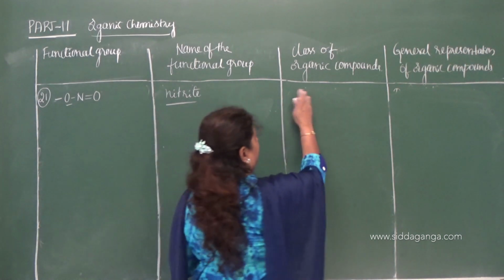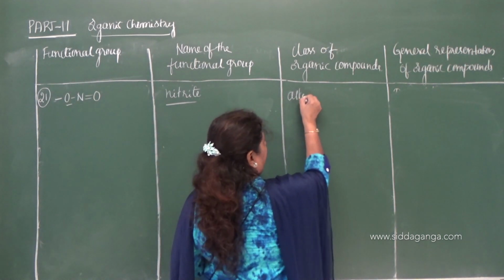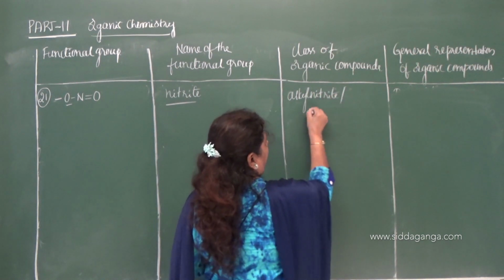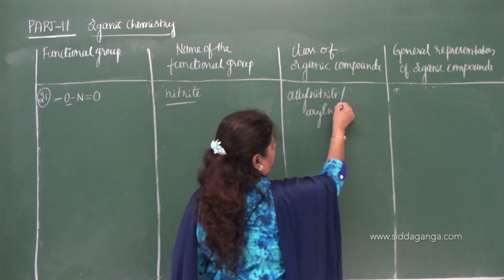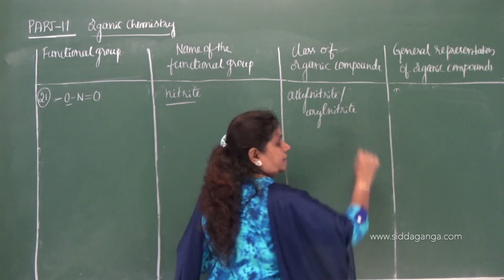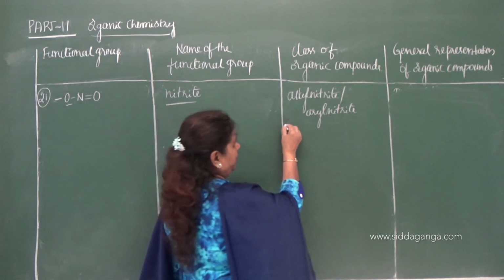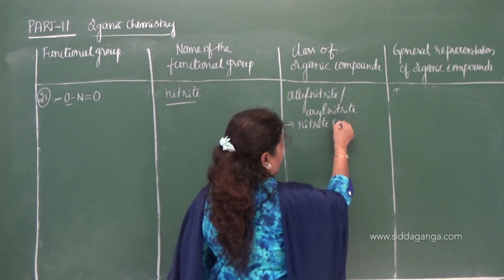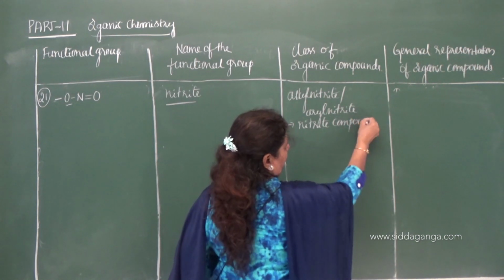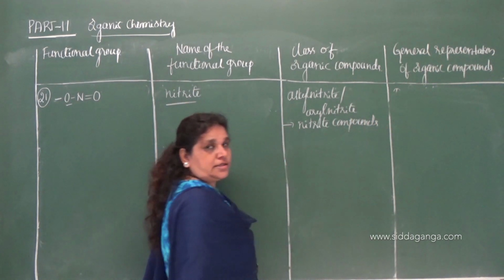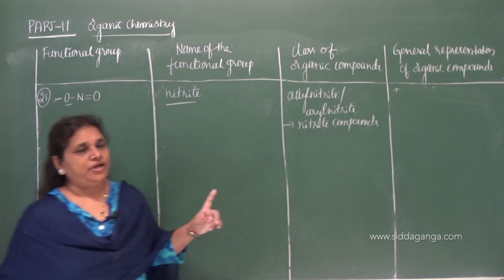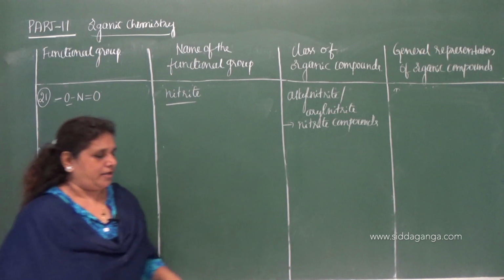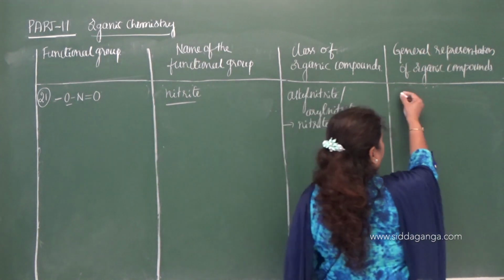So here you have to name it as alkyl nitrite or aryl nitrite. So in general, they are called nitrite compounds. In nitrite compounds, there is a bond between carbon and oxygen because oxygen is the key atom.